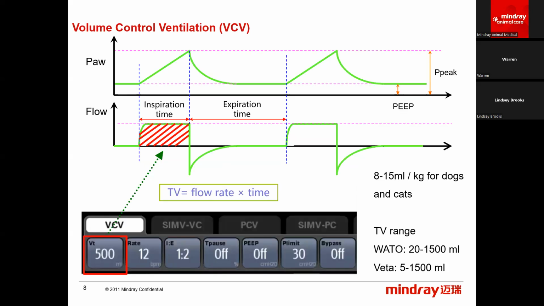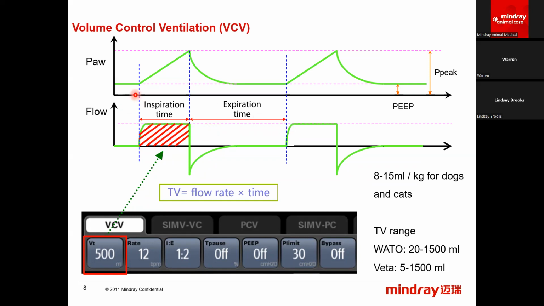So we see here we have our tidal volume determined. We want 500 mils. That's going to be our flow of air into our patient over the amount of time that they are inspiring. So we have our inspiratory time and our expiratory time.